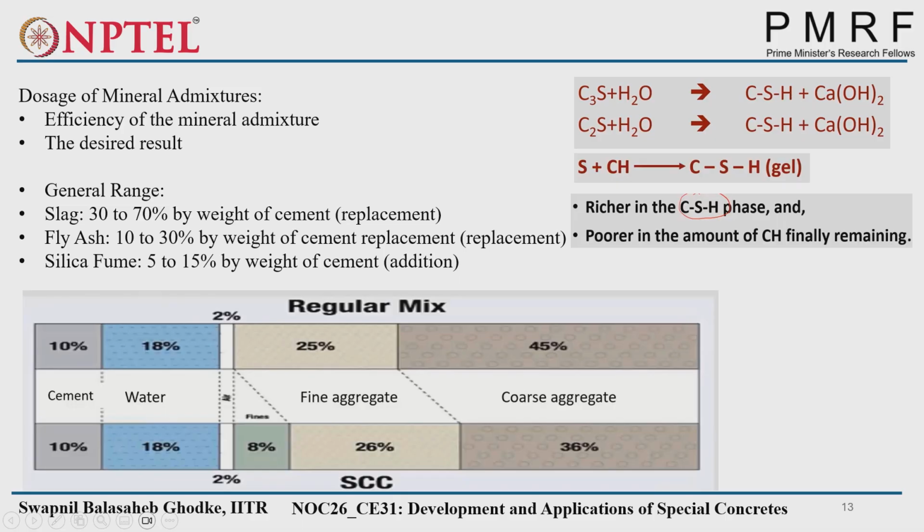If you see normal concrete and self compacting concrete, normal concrete has cement 10%, water 18%, air 2%, fine aggregate 25%, coarse aggregate 45%. But in the case of self-compacting concrete, where a particular type of self-compaction is required, we need to use mineral admixture. Anyone knows what we will use as mineral admixture in self-compacting concrete?